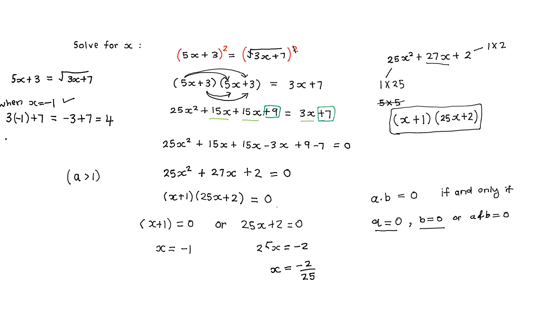Now let's look at when x is equal to minus 2 over 25. So we're going to have 3 and our x is a minus 2 over 25, and we need to add 7 to that.